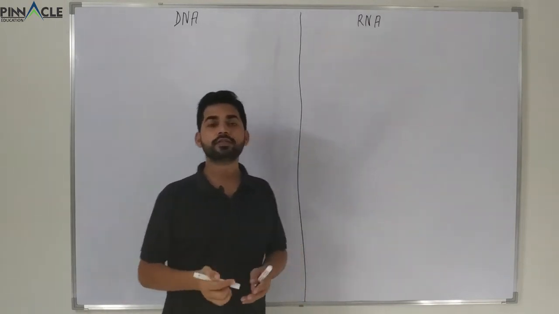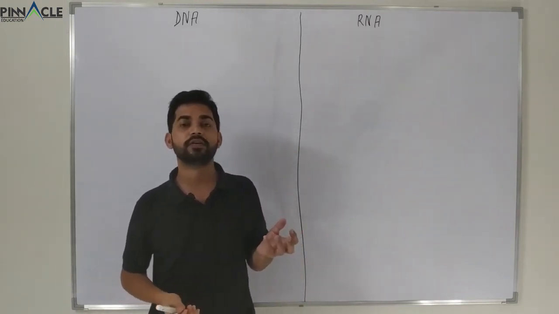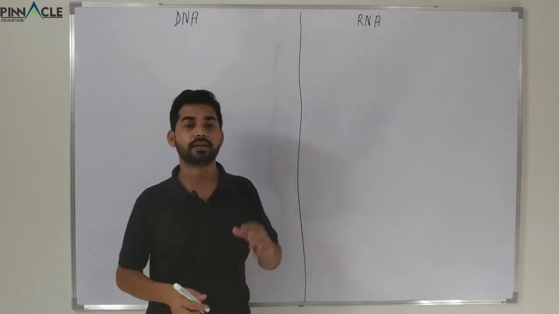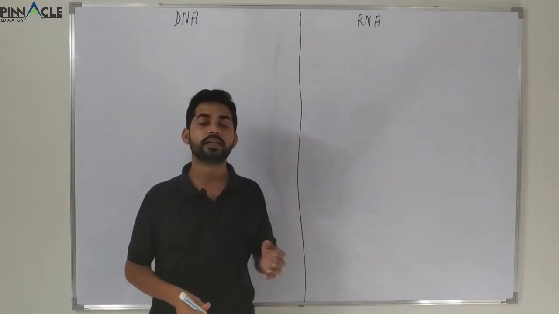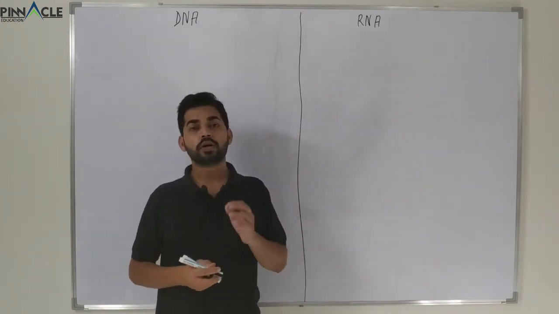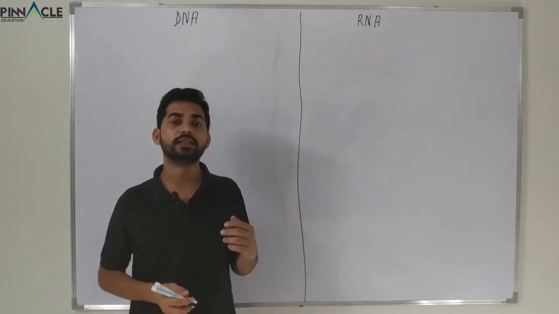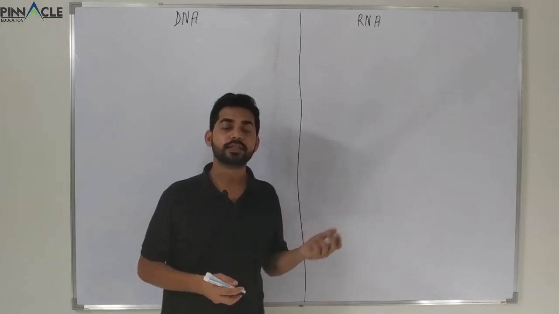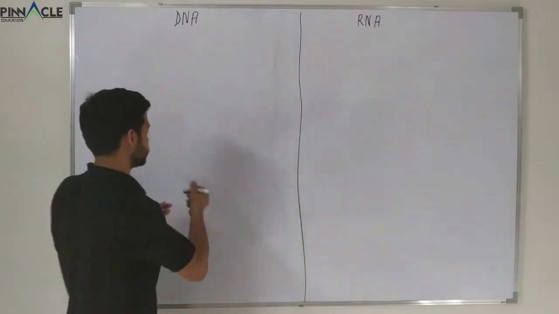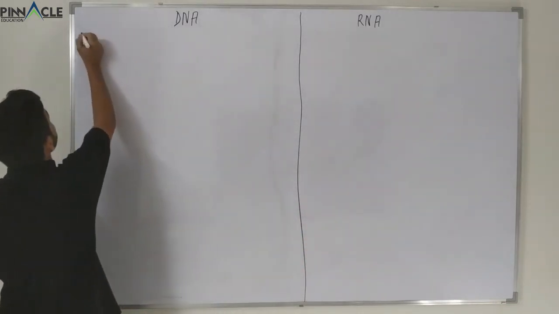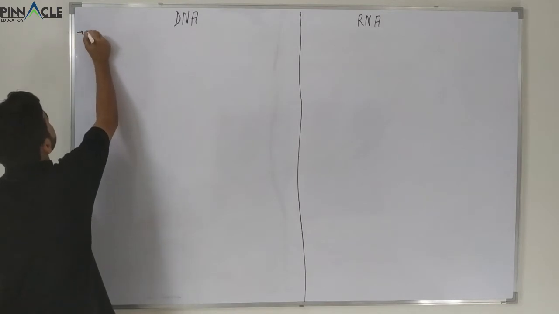The first difference is what we have already studied in the previous class, that is the bases of DNA: adenine, guanine, thymine and cytosine. Apart from that, there is one difference in RNA: instead of thymine, something else is present, and that is called uracil. So the first difference is the presence of nitrogenous bases.